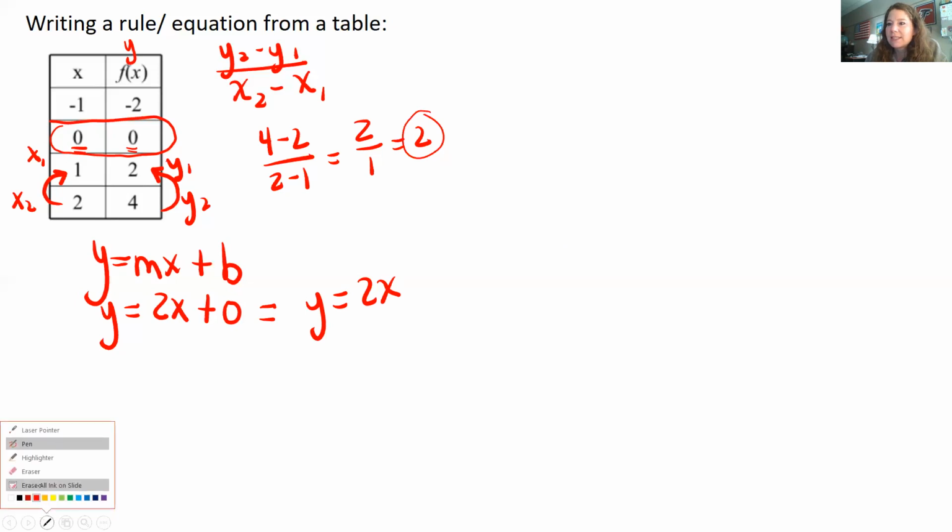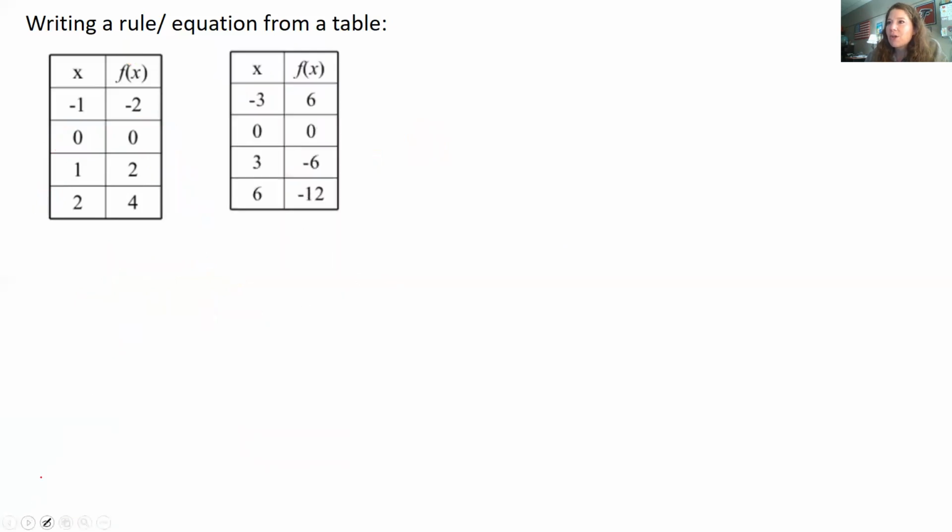So that's the first one. All right, let's look at the next one. So once again, they give us x equals 0. So we know our y-intercept is 0, right? Something times x plus 0. So now we're going to do our change in y. I like to use positive numbers when I can.